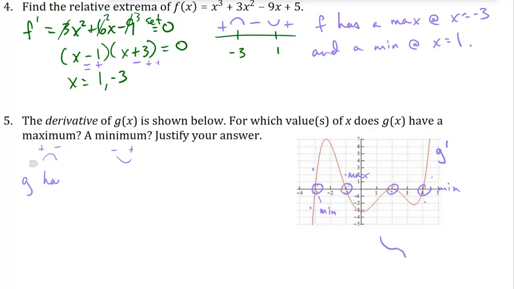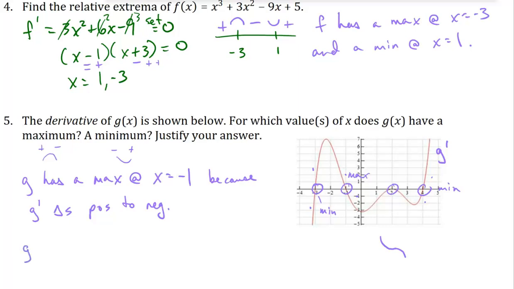So G has, let's see, we have one max. G has a max at x equals negative 1. And again, I'm going to go ahead and do the justify. Oh yeah, it says justify. Okay, so x equals negative 1 because G prime changes from positive to negative.